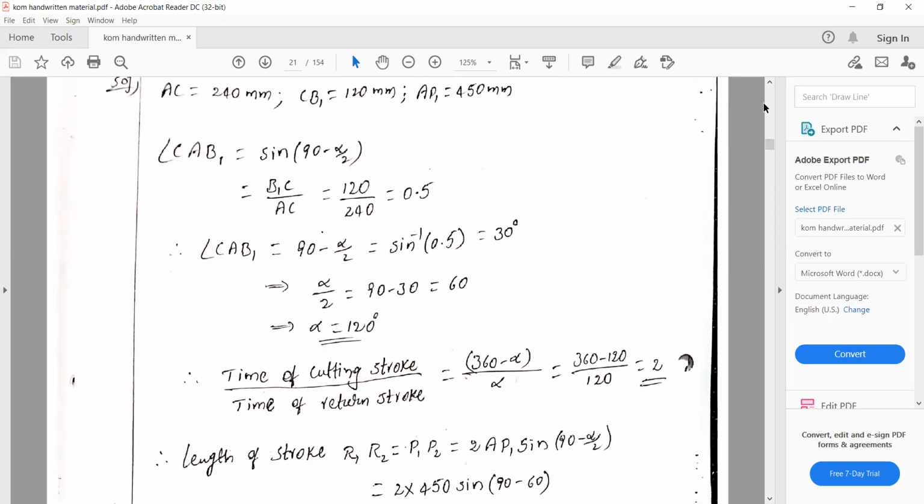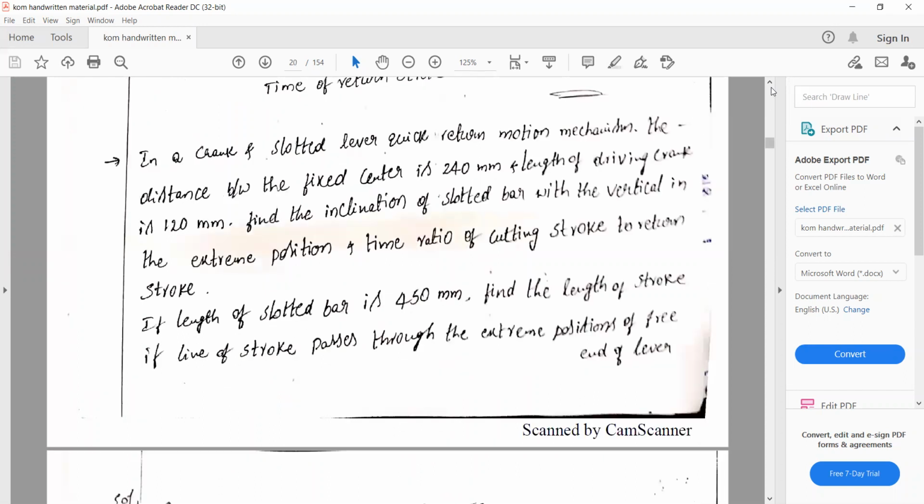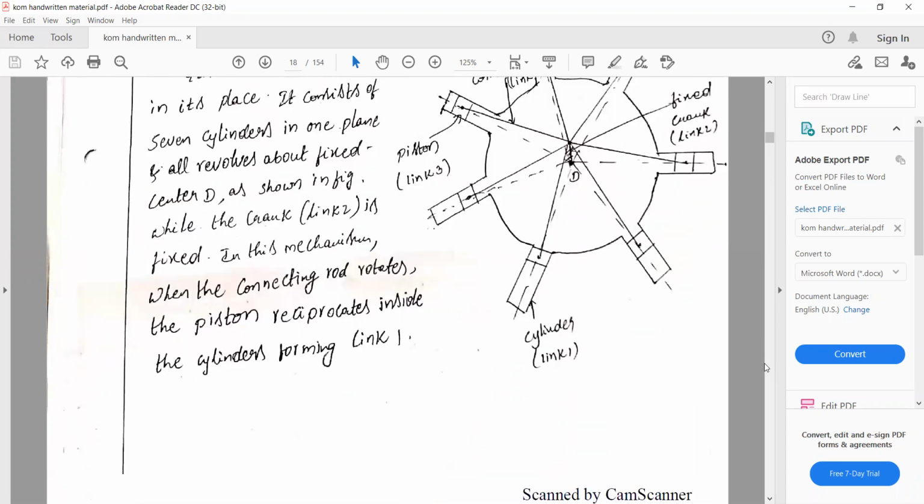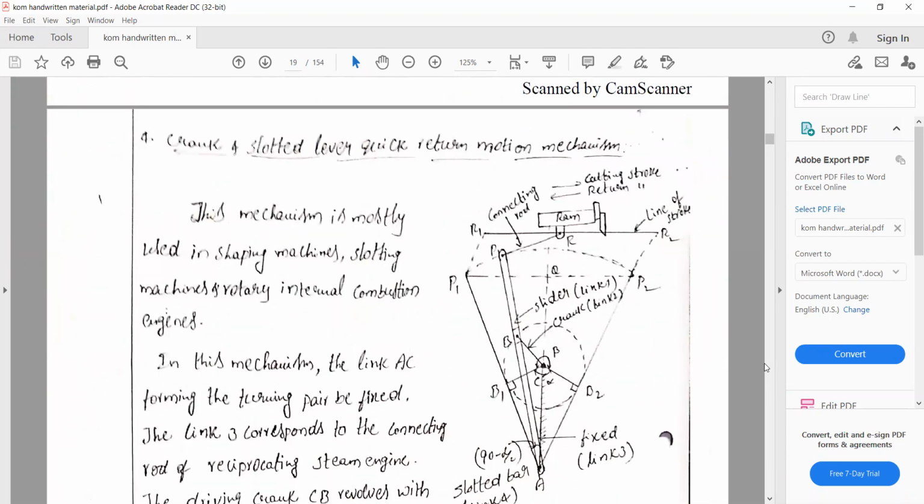You just have to see the diagram once. What values are given? The fixed link AC, and C1B or BC, that is the crank length, and AP1, this is our lever.